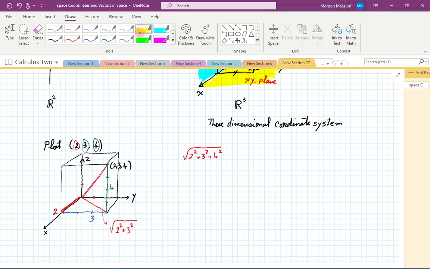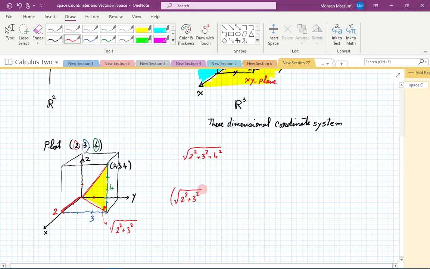Well, now go ahead and concentrate on this right triangle. Do you actually see that this is a right triangle? Again, this is an issue of perspective. You want to be comfortable with the fact that this is a 90-degree angle here. Well, what do you do? You get two legs, square them to get the hypotenuse. Well, this lower leg is this quantity, square root of 2 squared plus 3 squared.